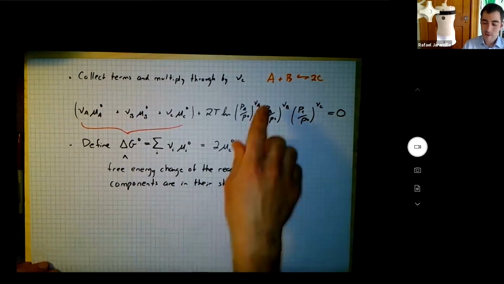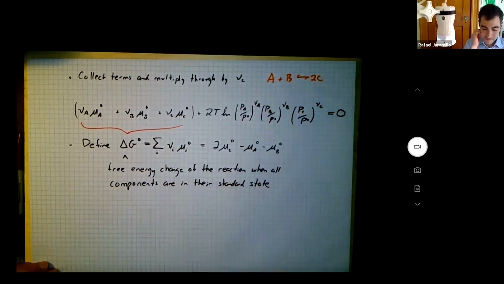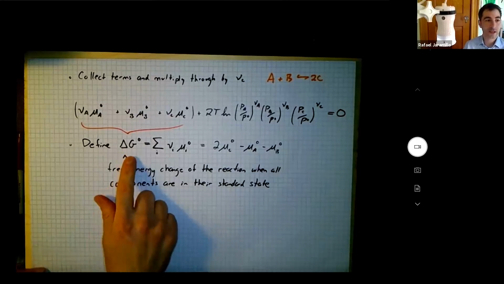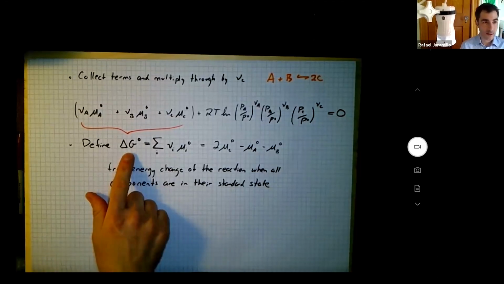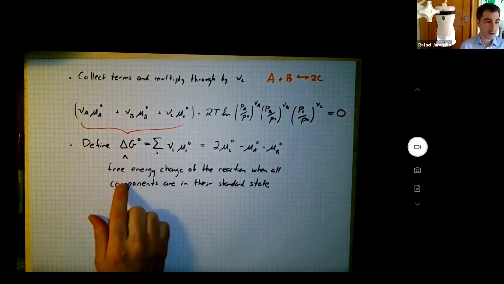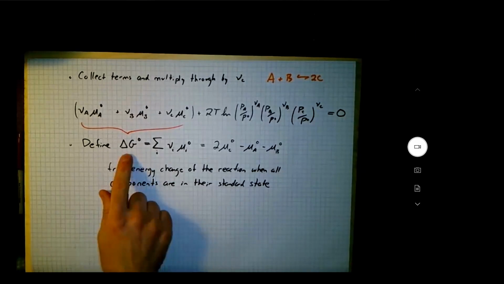That is, one atmosphere of A, one atmosphere of B, and one atmosphere of C at equilibrium. Okay, so you will find these delta G naughts in databases. That's the sort of thing you're going to find. If you're trying to engineer something and you need to design a reactor, you're going to be looking at these delta G naughts and going forward from there.